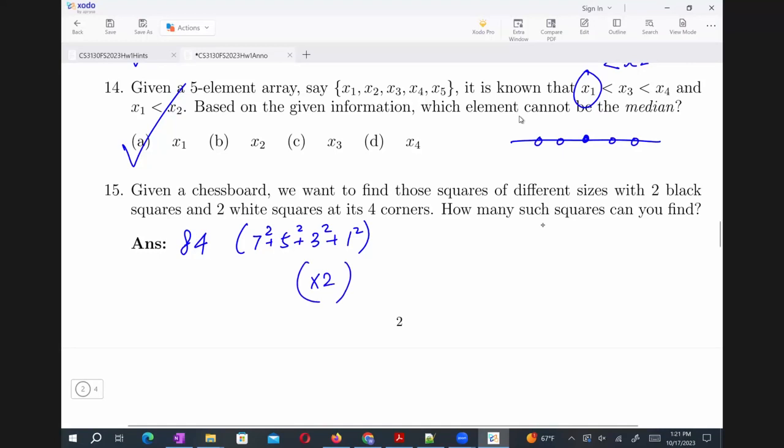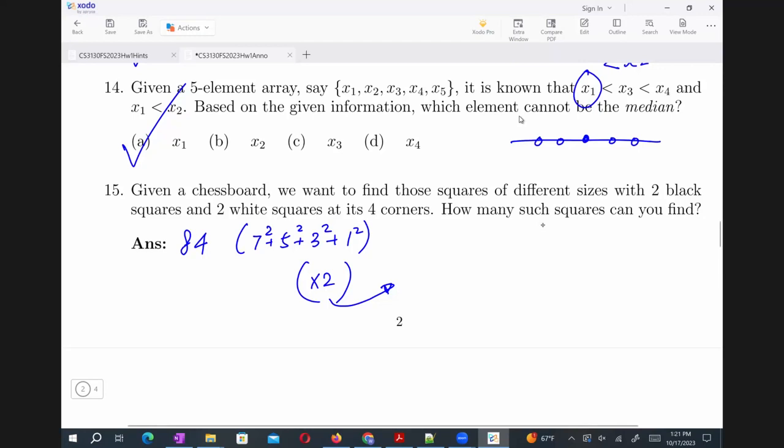Because we had one question, 2 black squares at its 4 corners. In that one, we multiply by 2. But that one, remember, had some symmetry along the diagonal.